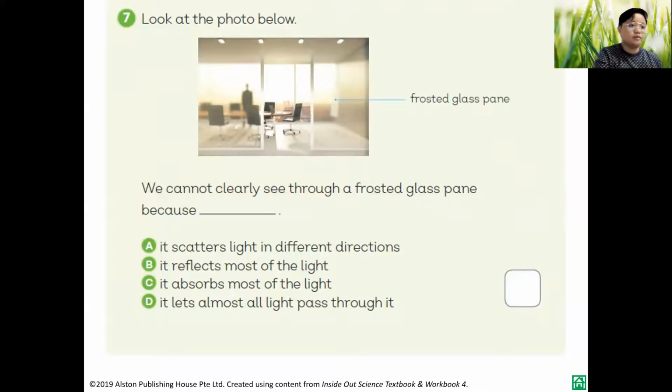So what does a translucent object do? When light hits a translucent object, the light scatters in different directions. So the answer is letter A.